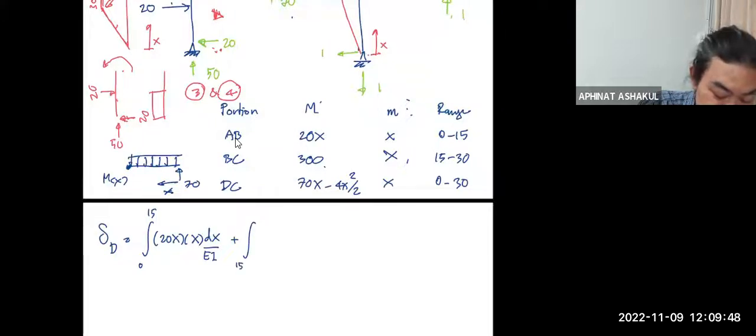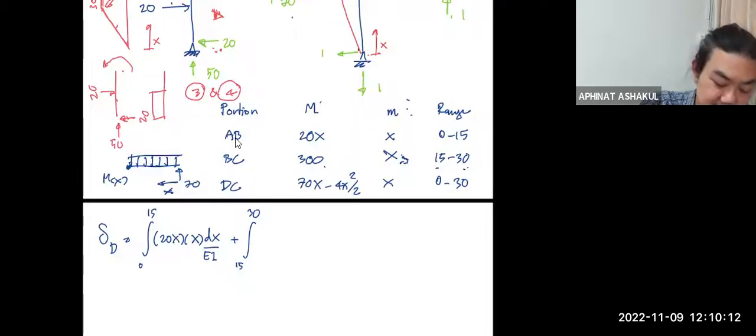Second portion, 15 to 30. Be careful. If you want to use 0 to 15, you have to change the small m, right? This equation is valid from 15 to 30. If you somehow change the range to 0 to 15 and you use x, it means that you are now using the moment equation in portion AB, right?